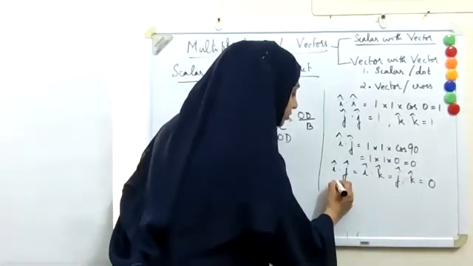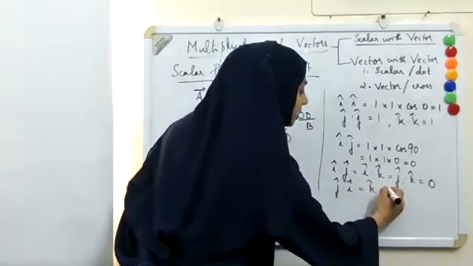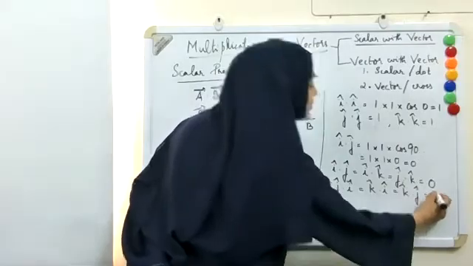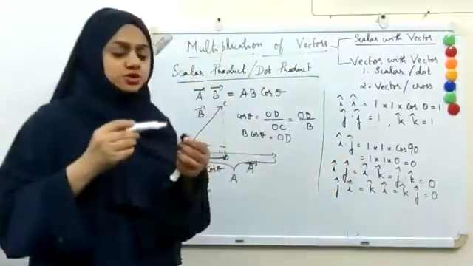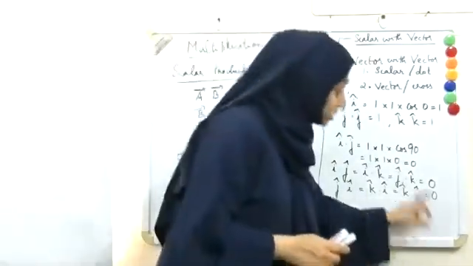Same is the case if you reverse: J dot I is equal to K dot I is equal to K dot J is equal to 0. So when you take the dot product of two unit vectors which are in perpendicular directions, it will be 0.